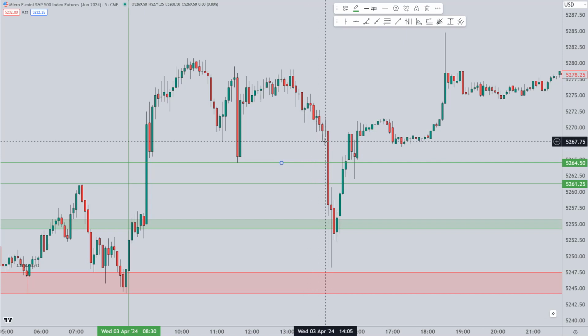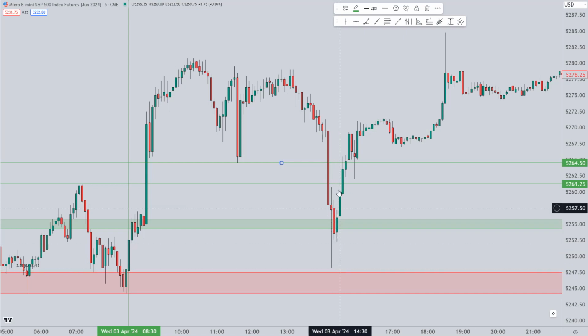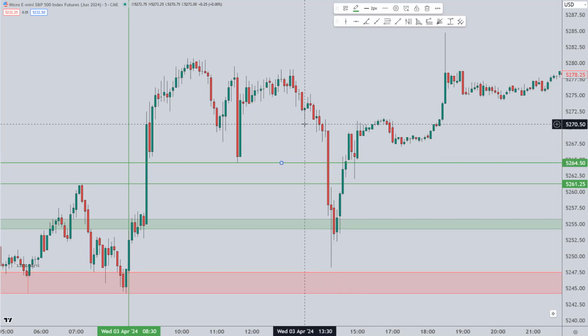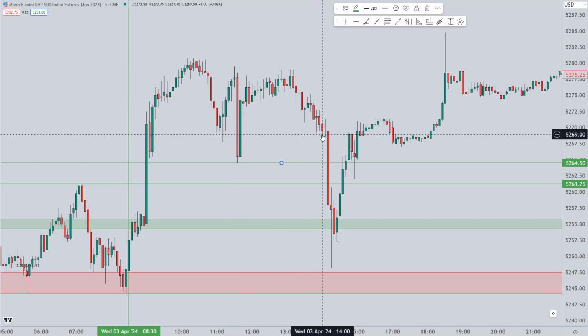It moved almost all the way down to target, but it didn't hit the target, and it's after 2 o'clock. So even if we had stayed in this trade, according to our rules we would have been out at right around break even.